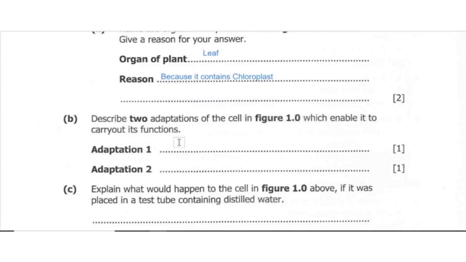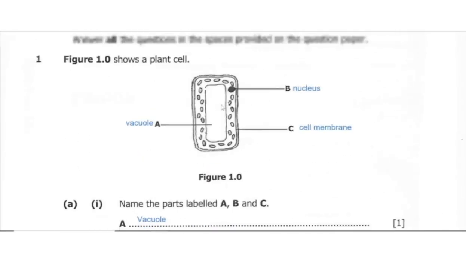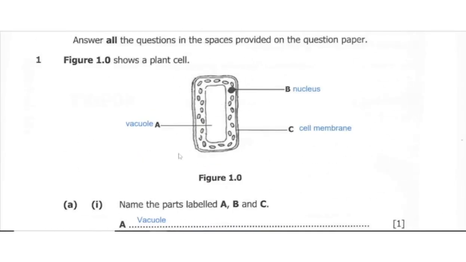Next question: describe two adaptations of the cell in the figure which enable it to carry out its functions. The first one: when we look at this cell, it has a regular shape. This shape increases the surface area that helps it to trap sunlight.